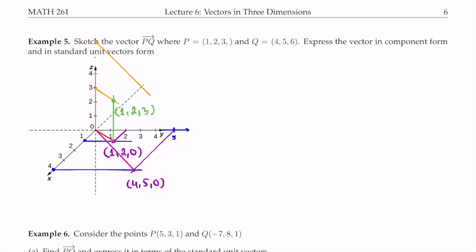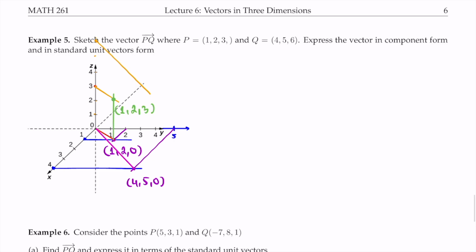And from the point (4, 5, 0), I'm going to draw the line that is going to be parallel to the z-axis, and the line is going to intersect the orange line at a point, and that point is going to be (4, 5, 6).